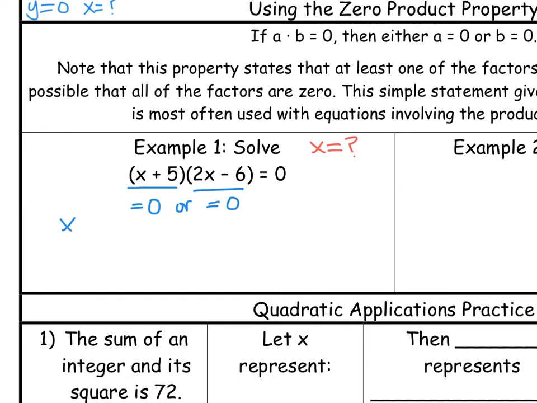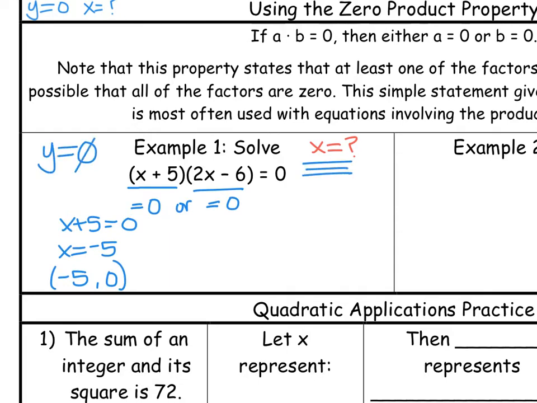So if we look at x plus 5 equals 0 and solve for x, we get x equals negative 5. As an x-intercept, that's the point (-5, 0), because we're trying to find out when y equals 0, what is x equal to.